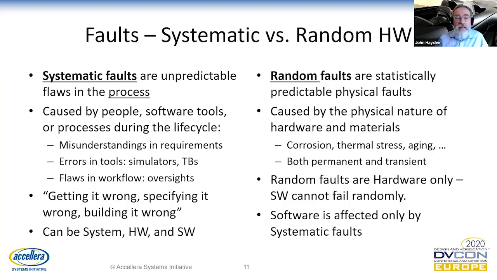Random faults, on the other hand, only apply to hardware, and, counterintuitively, they are predictable. Random faults can be estimated based on the properties of the materials that are used, such as corrosion or VT shifts through life, stresses, particle strikes, and come in both permanent faults, such as shorts and opens, as well as transient, like bit flips.